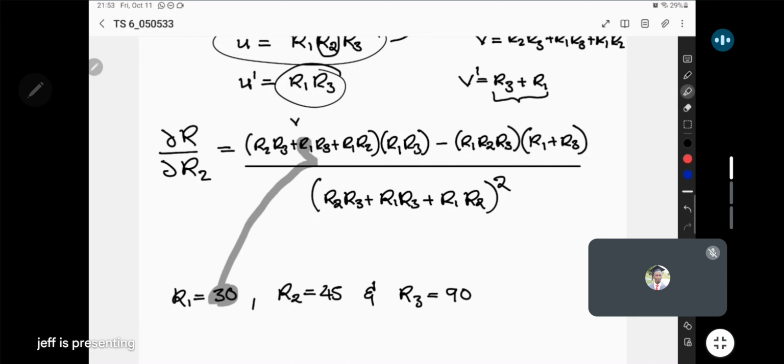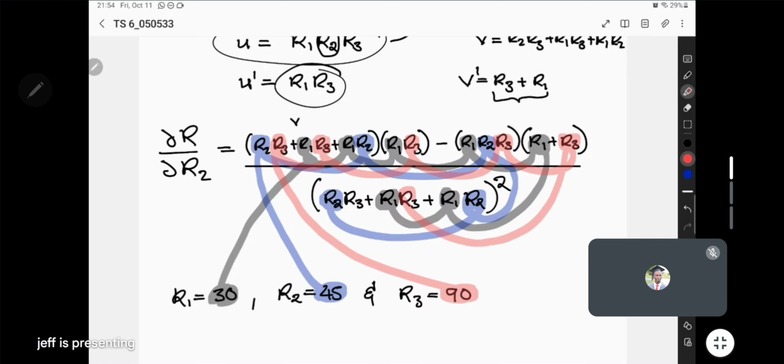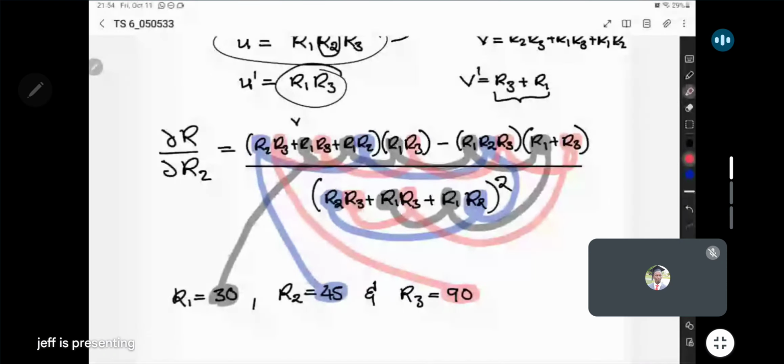So 30 comes here, here, here, here, here, here, and there. Where we have R2, which will be here, there, and finally there. And where we have R3, you'd put 90. And there we're done. So after substituting, simplify, and of course you're going to get the answer that they want.